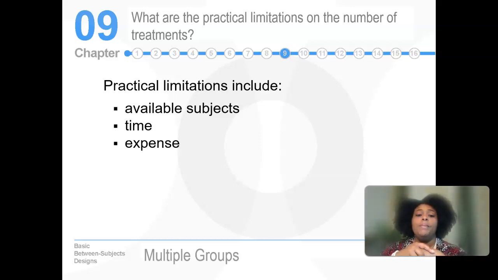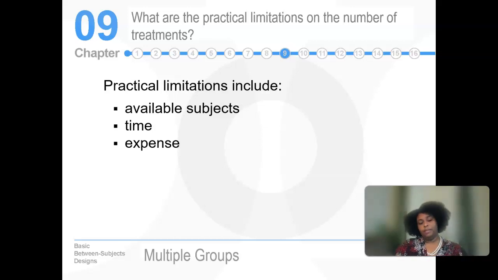We want to consider practical limitations within the study, and this includes paying attention to available subjects, determining whether we have time, as well as how expensive some of these procedures will be in order for us to engage in a number of treatment conditions.